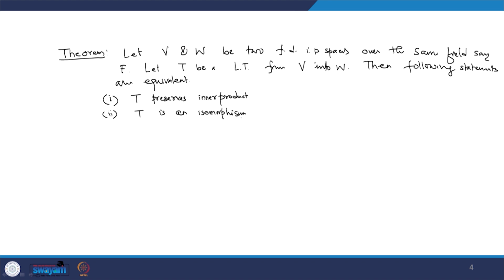Sometimes you may be confused that isomorphism, as we know, is a one-one onto map between the two spaces, but in the case of inner product spaces I have defined isomorphism as a one-one onto linear transformation as well as the transformation preserving the inner product.